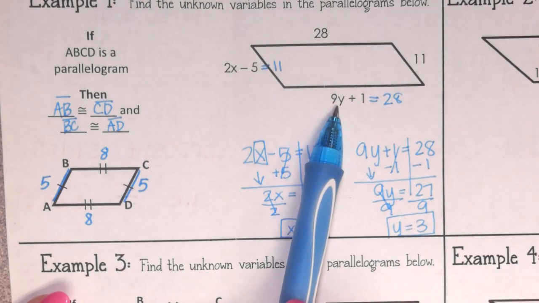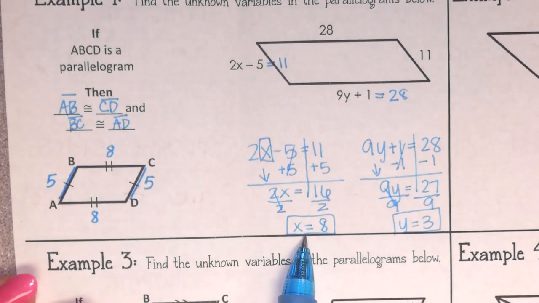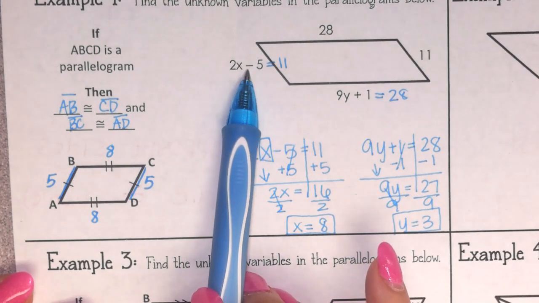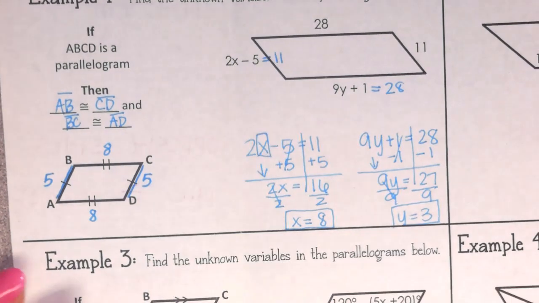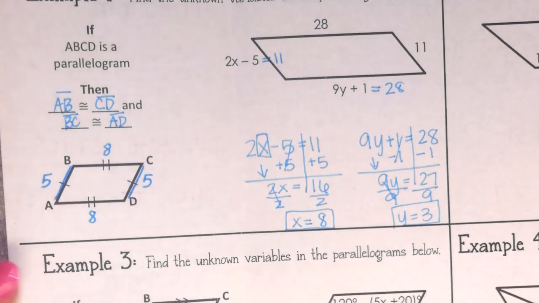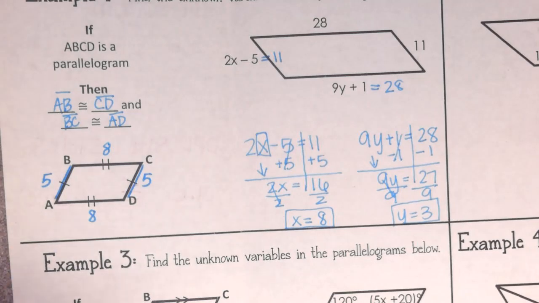What's 9 times 3? 27. Plus 1. That's where it comes from. Same thing right here. X is 8. What's 2 times 8? 16. Minus 5. It's 11. So that's where I'm just asking for x and y. I'm not asking for the sides on this example. Right here, I was asking for the whole side. Yep, good question.